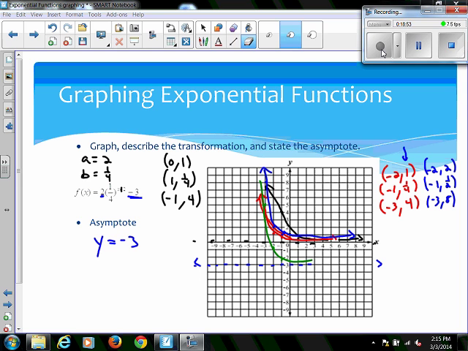There's my graph. So let's look at this. We had a horizontal shift left 2 units, a vertical shift down 3 units, and a vertical stretch by a factor of 2. My asymptote is y equals negative 3.